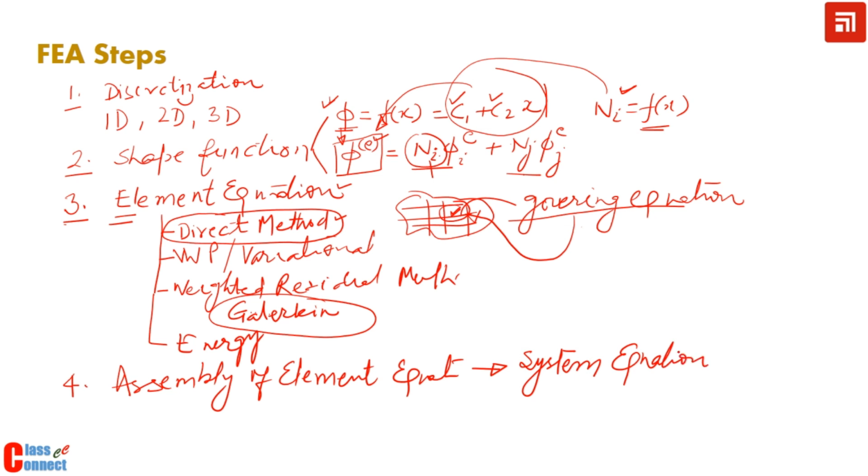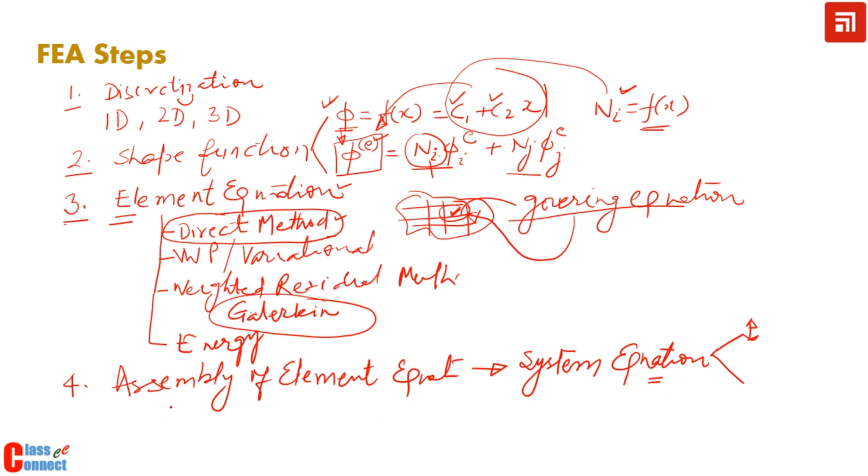We will be using this term when we assemble all elemental equations into one particular equation. It is in matrix form, so there are n algebraic equations in the system equation, represented in matrix form as one equation known as the system equation.